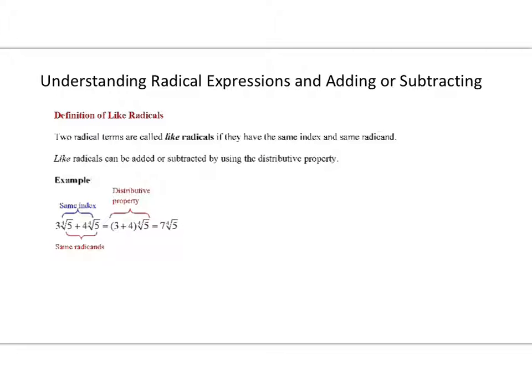In our example below, you will notice that 3 fourth root of 5 plus 4 fourth root of 5 has the same index and the same radicands for the two terms. I can take out the 3 and the 4 and add them together and have it then multiplied by the same index 4 and the same radicand, fourth root of 5.